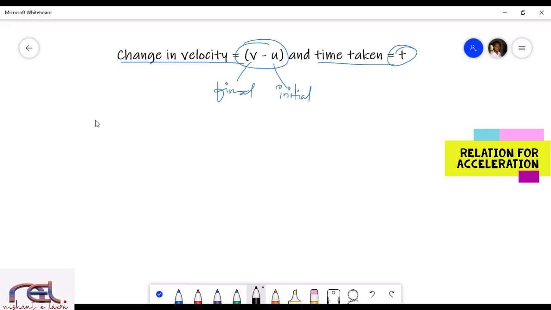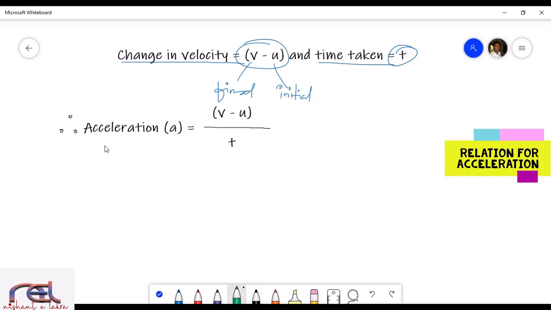I hope you have understood till here. Therefore acceleration, represented by lowercase a, can be calculated using this formula: change in velocity divided by time taken. The change in velocity is v minus u, so acceleration a is equal to (v - u) divided by t.